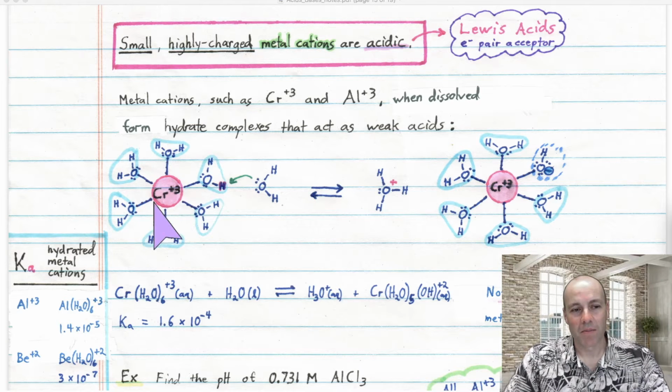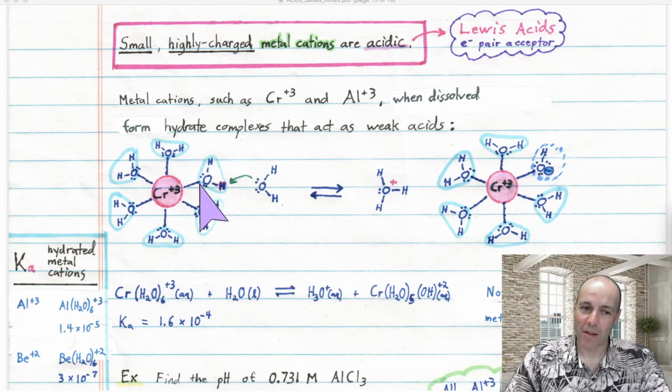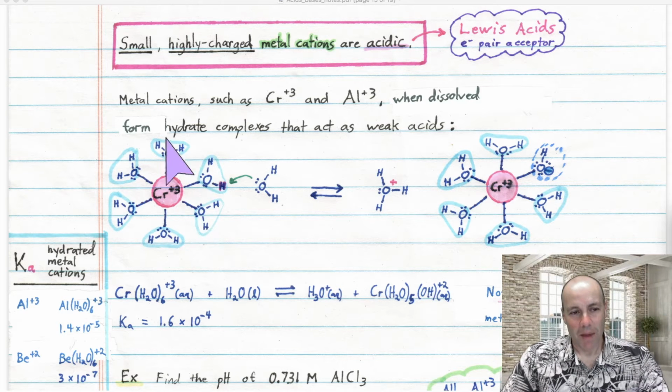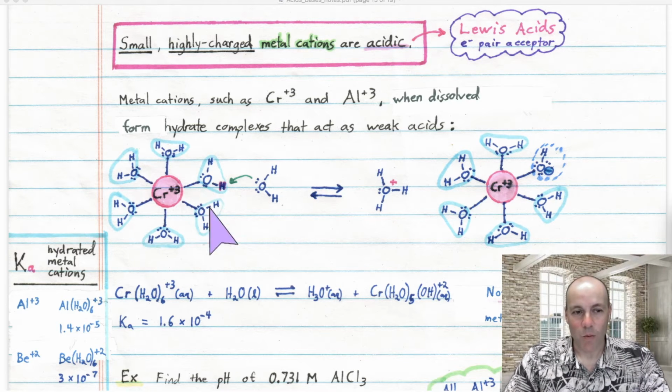And since it's very positive, the water molecules will orient themselves so that electronegative oxygen atoms are pointing to the metal cation. So all the oxygens are pointing to the metal cation. Now, metal ions like to have 6 water molecules surrounding them for certain reasons.